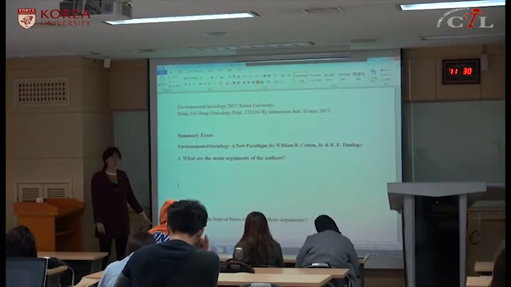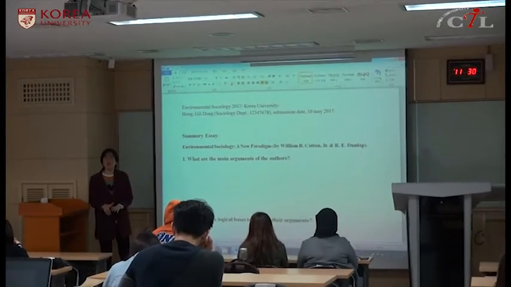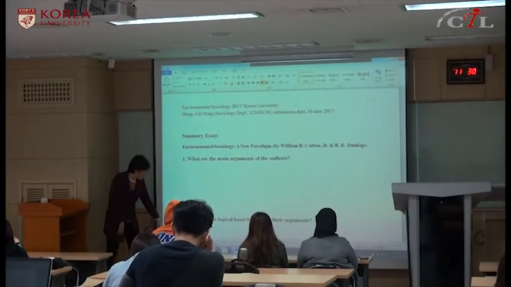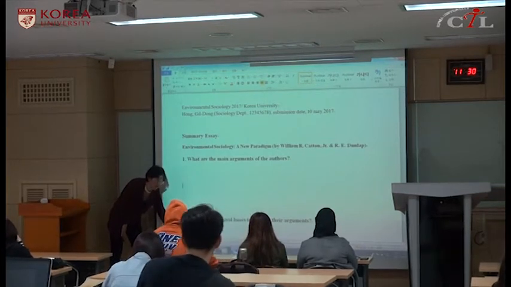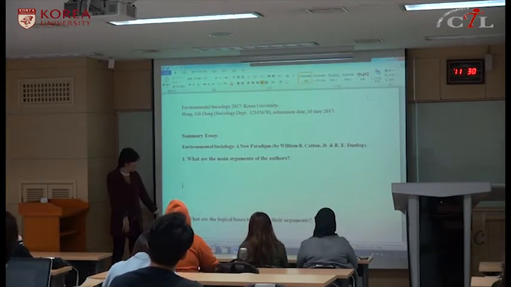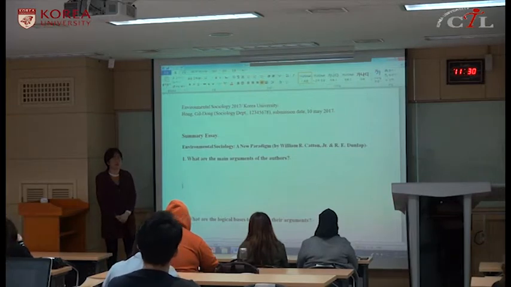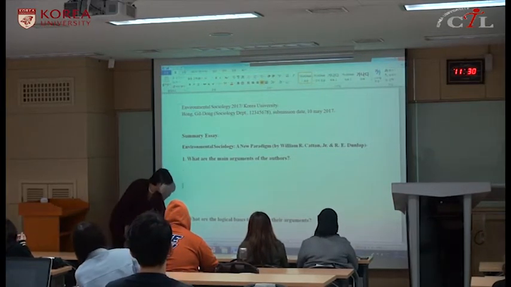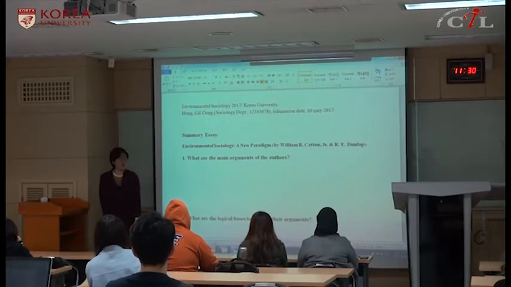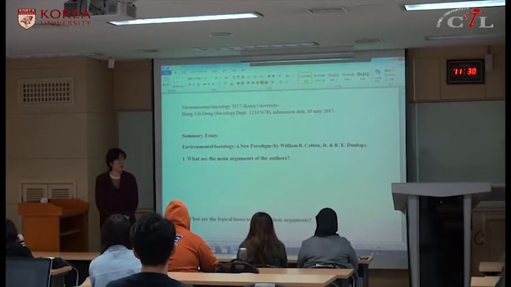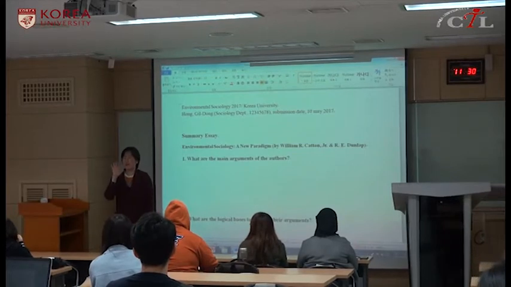You have to check all the time how many words you have written. If you go to the bottom of the bar, it says you have written 52 words, right? And how many words do you have to write for the summary essay? Yeah, 500 words.